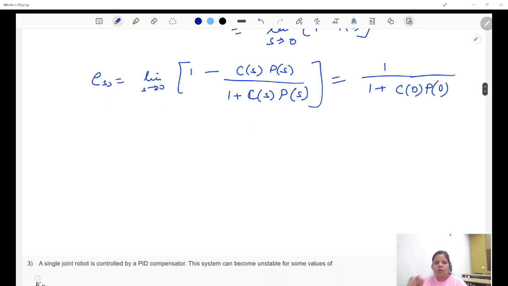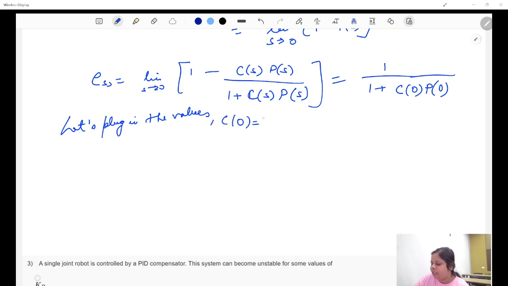Now let's plug in the values. Your C0 is actually Kp, because the controller was Kp plus KdS. Why is C0 equal to Kp? Because Kd into S tends to 0. Let's talk about P0.